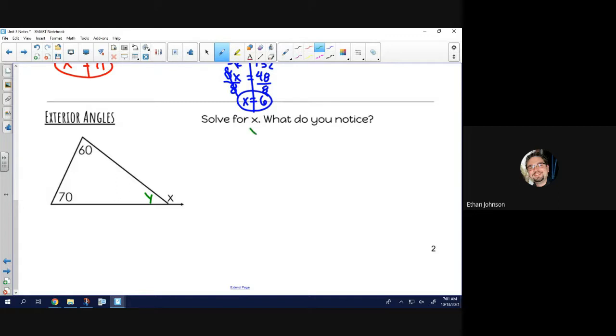So I'll write that. Y plus 60 plus 70 equals 180. Combine like terms. So y plus 130 equals 180. Subtract 130 from both sides. Y equals 50. So I know this angle inside is 50 degrees.